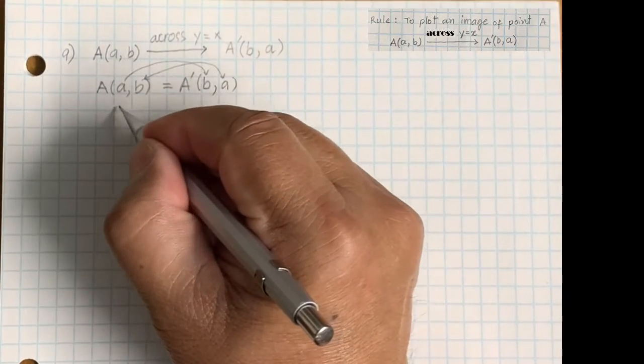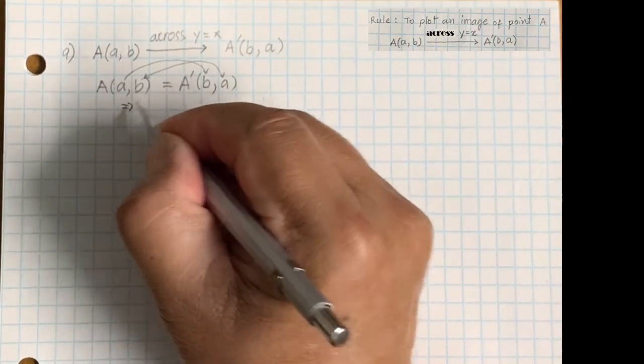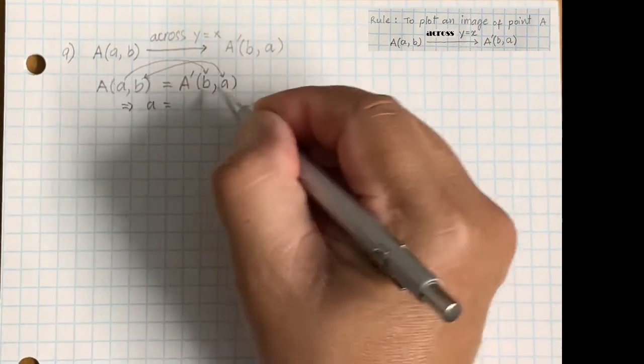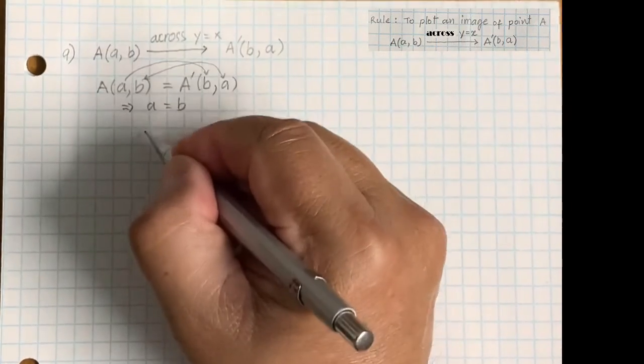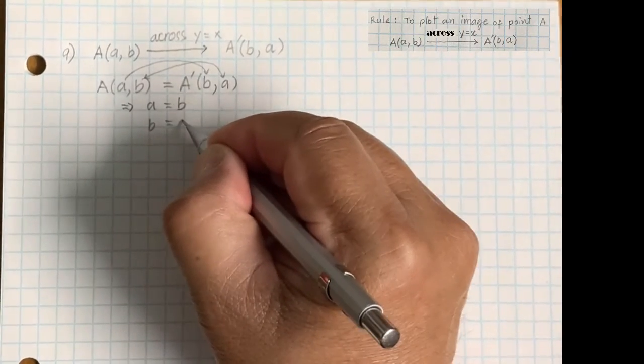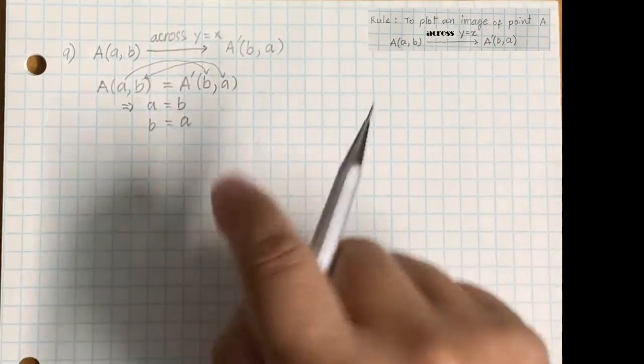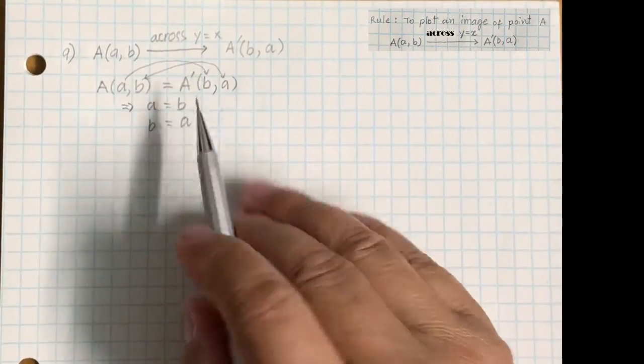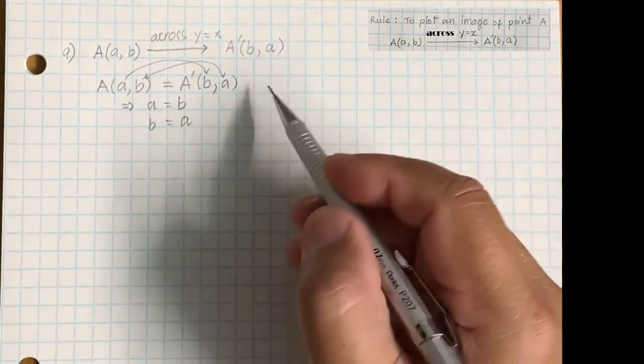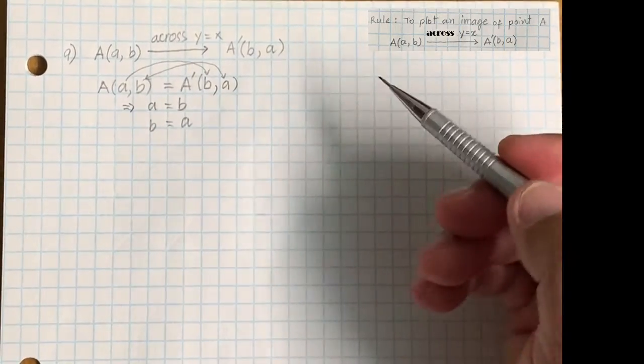So in this case, we have a equal b, or b equal a. So it tells us that the segment has to be on the line y equal x.